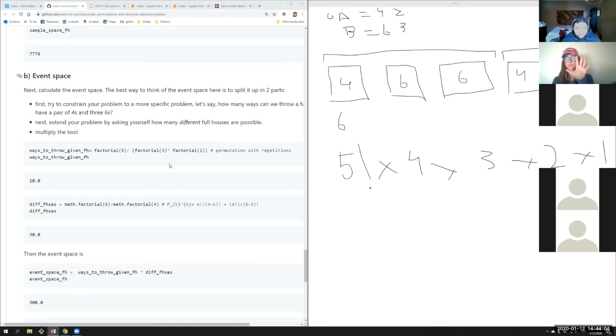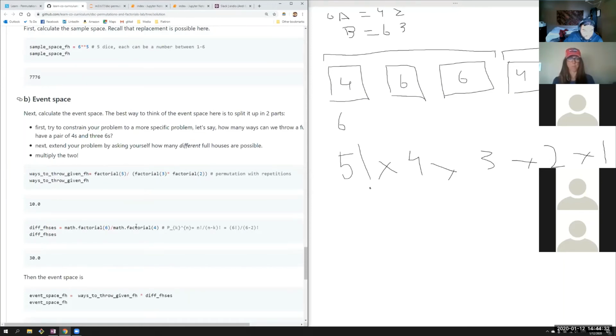There's 5 dice. 3 of them have to be one way and 2 of them have to be the other. They can repeat, but it doesn't matter what goes where. And then the second one, they're saying it has to be a 4 and has to be a 6. And that's your denominator, right?